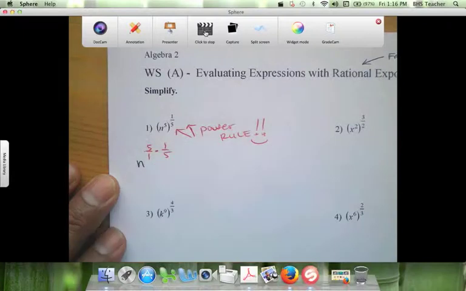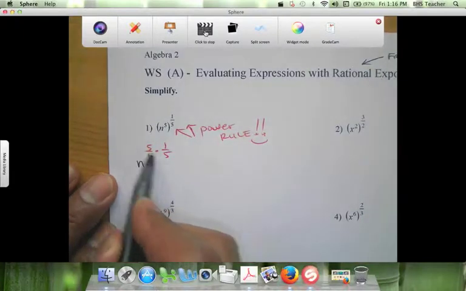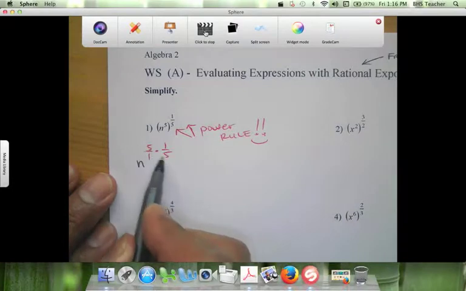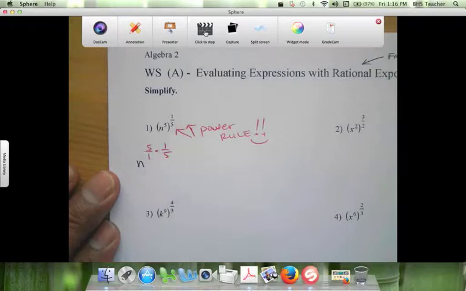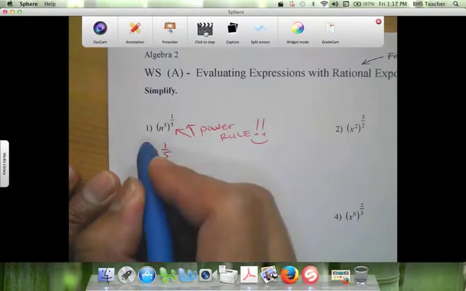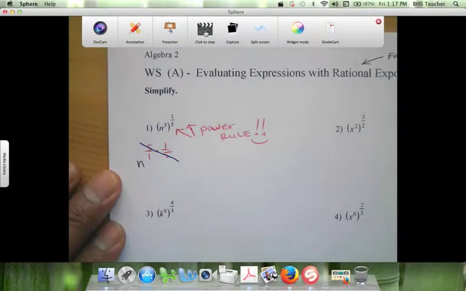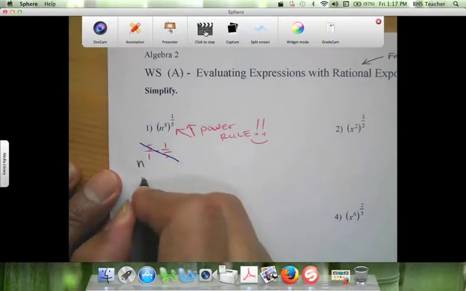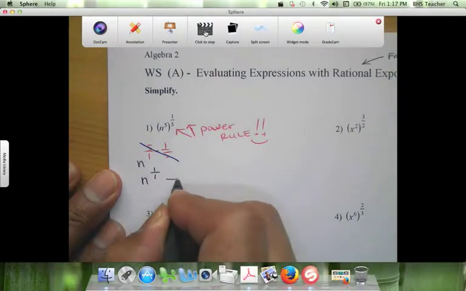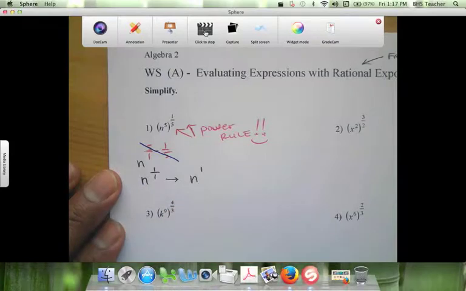The neat thing about these problems that you're going to see today is that they're either going to divide out evenly like this, a 5 divides exactly with a 5, or if they don't divide, they'll reduce. So here they just divide out. You're left with n to the power of 1 over 1. Well, that's n to the power of 1, which is just n.